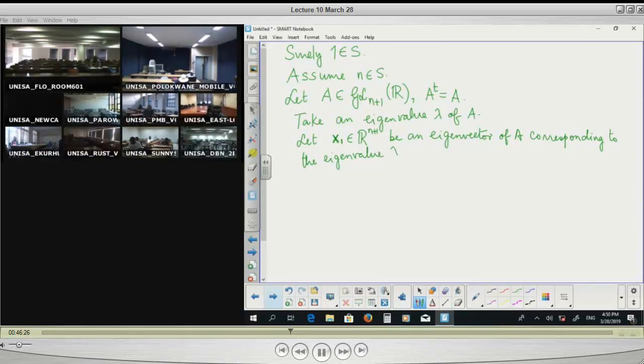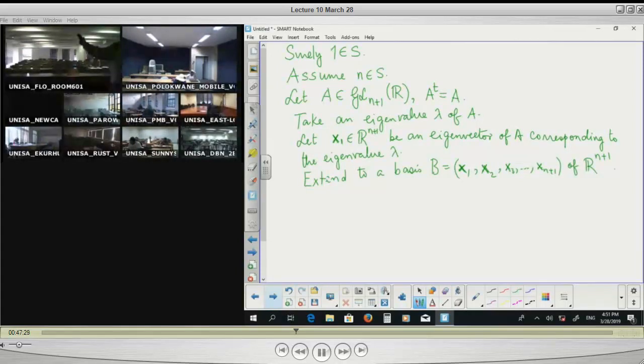x1 be an eigenvector, and extend it to a basis. So x1 is non-zero because it's an eigenvector, okay, and you can extend anything, right?